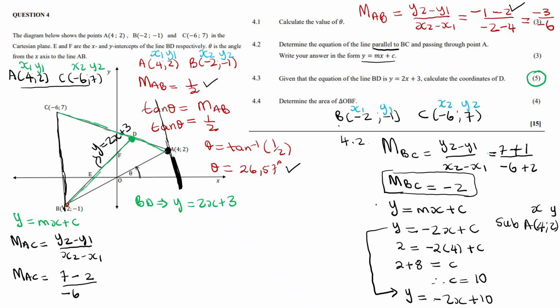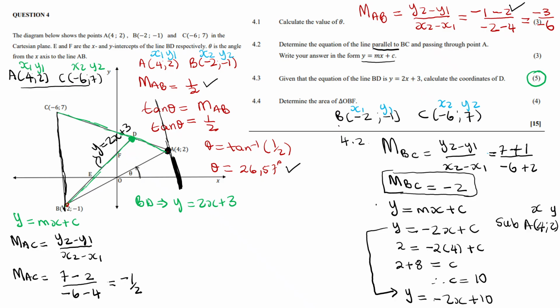So this will be minus 6, and my x1 is just 4, so we're going to minus 4. Okay, so now when I work this on the calculator, what is this equal to? The top part is 5, the bottom part is minus 10, which gives us minus 1 over 2. So the gradient is negative 1 over 2.